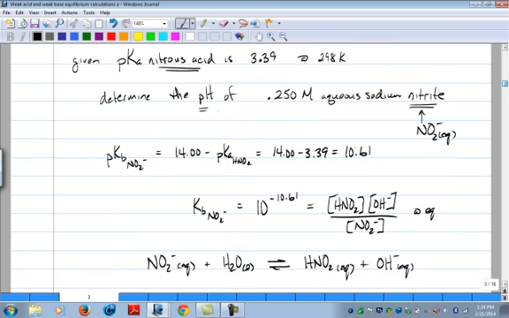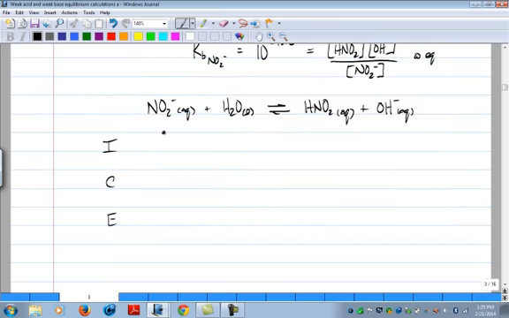We're given an initial concentration of sodium nitrite, and it's pretty intuitive or simple to figure out that if you have 0.250 molar NaNO2 and there's 1 mole of nitrite anions per mole of sodium nitrite dissolved, the moles cancel. We see that we get the same concentration of nitrite. So I'll put that right in there.